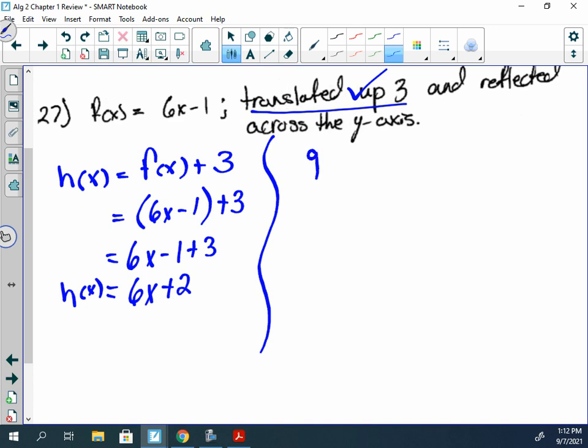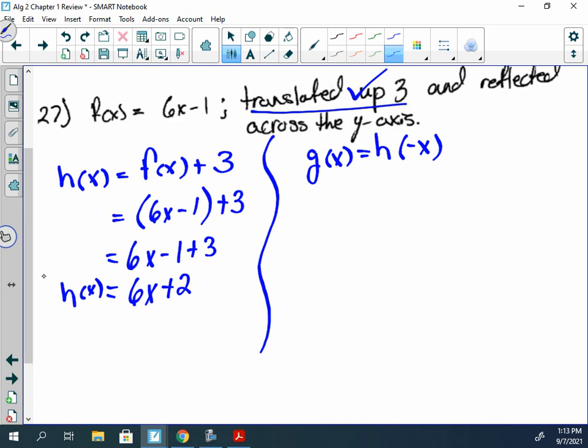Now I'll call this g of x. For a reflection across the y-axis, we're talking about f of negative x. That's our reflection across the y-axis. Y equals f of negative x. So for us here, it'd be g of x is equal to h of negative x. Because the g of x, h of x, that really doesn't matter.